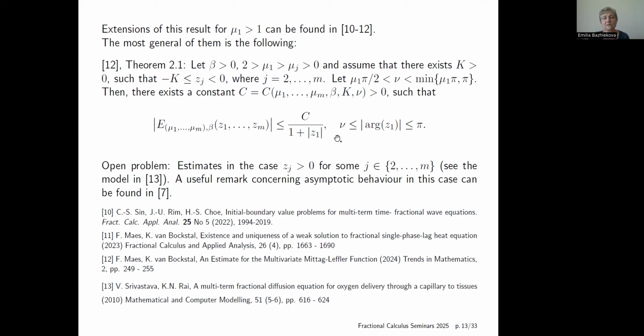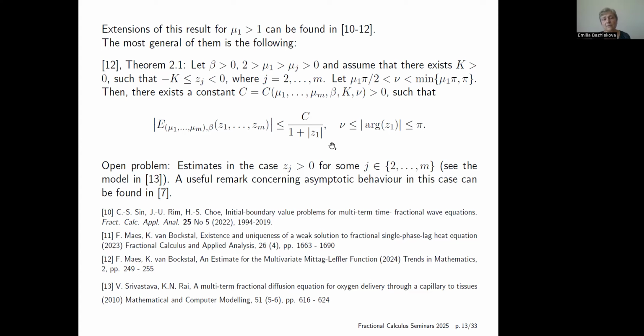This generalization is given in paper 12, where beta can be an arbitrary positive number and mu are between 0 and 2. Assumptions on the variables are the same as in the theorem of Yamamoto, and the estimate is the same.